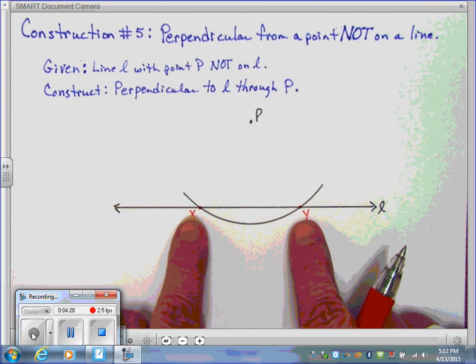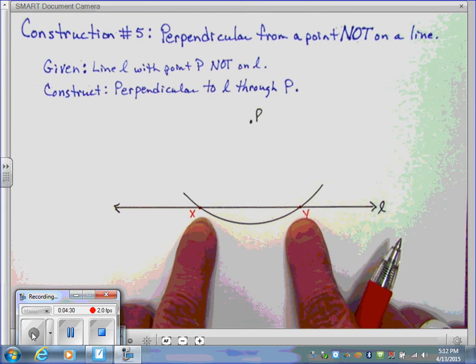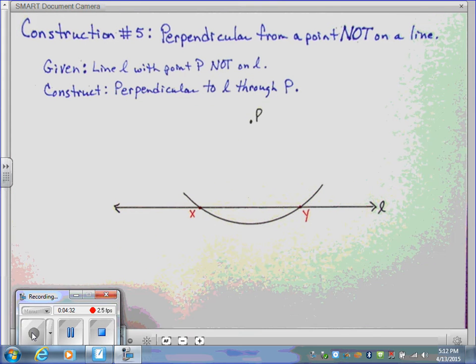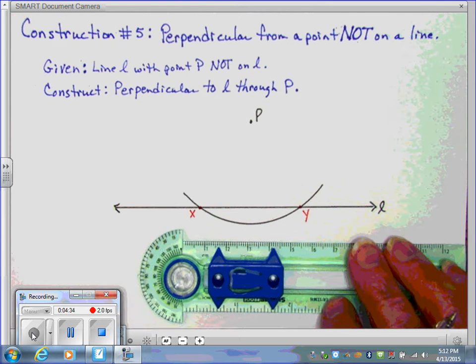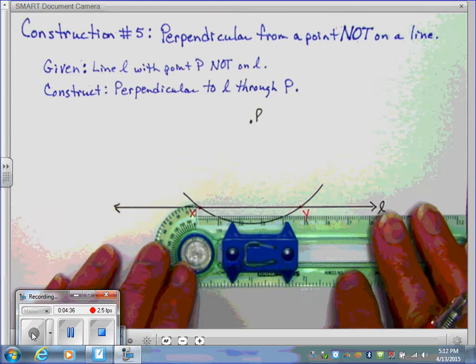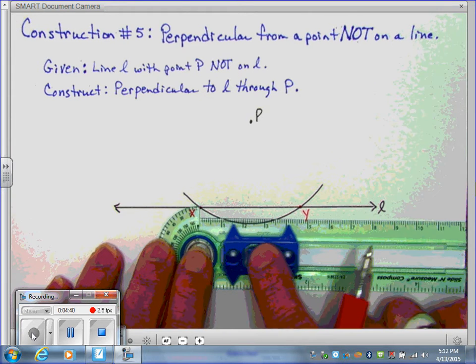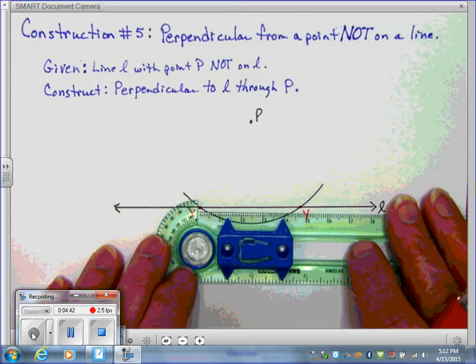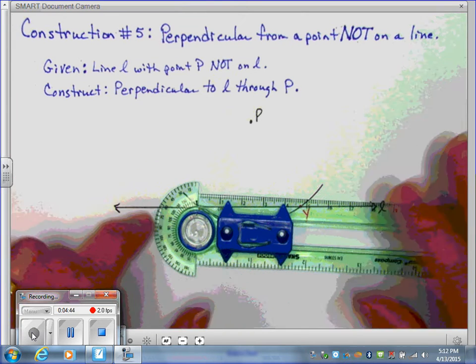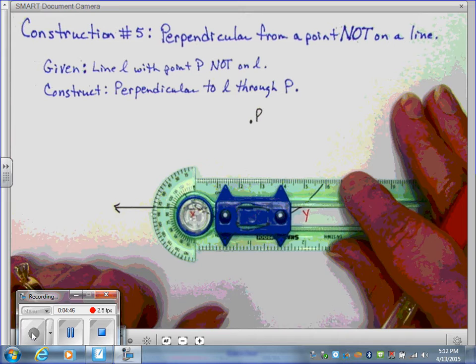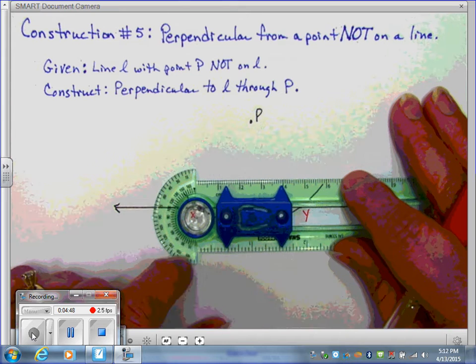Now my 2 new points of interest are X and Y. On my compass, I need a distance more than halfway from X to Y. Well, there's X, and that's definitely more than halfway. I can even use my favorite arc. It might not be for you, but you need a distance more than halfway.